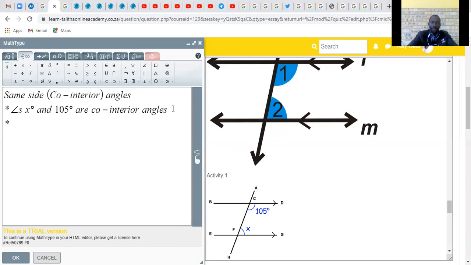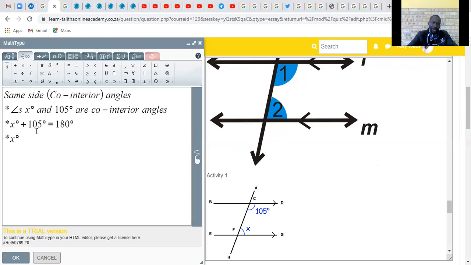The other thing about them is that this angle is x degrees and the other is 105 degrees, and they add up to 180 degrees. If this is the case, then we can go ahead to find the value of x. To find the value of x, we have to transfer 105 from the left-hand side to the right-hand side.